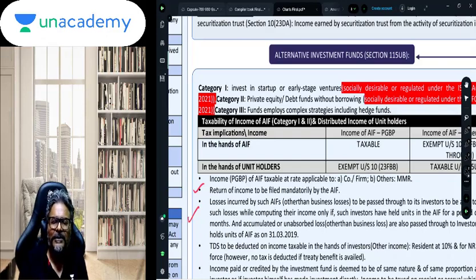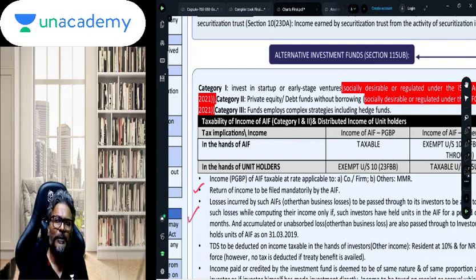First, these losses have to be set off at the AIF level itself, and if after setting off the losses there is still an unabsorbed portion of loss, not in the nature of business loss, then for that unabsorbed portion of the loss, students, will the pass through be available? The answer is yes.